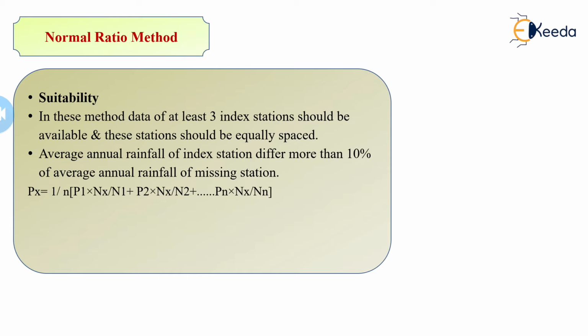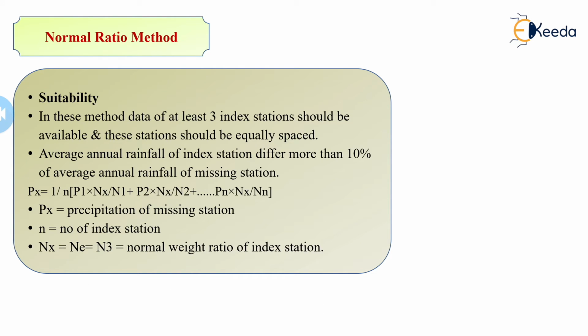So the equation is like this: precipitation of the missing rain gauge station is equal to 1 upon n, where n is the number of existing stations, into bracket P1, the precipitation of the first rain gauge station, multiplied by Nx, the normal annual rainfall of the missing station, divided by N1, the normal annual rainfall of the existing first rain gauge station, plus P2 into Nx upon N2, likewise Pn into Nx upon Nn. So this gives you the precipitation of the missing rainfall data.